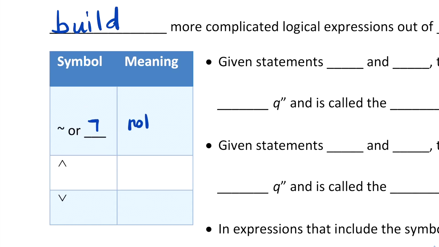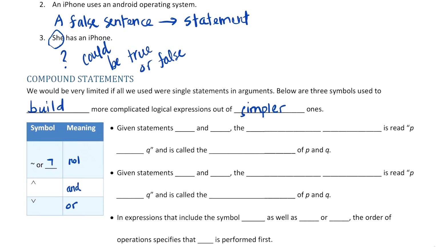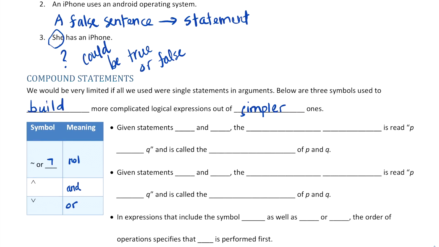This second one means and, and this one below means or. They're kind of like the union symbol and the intersection symbol in algebra. Well, in logic we use the V and upside down V to represent or and and, respectively.